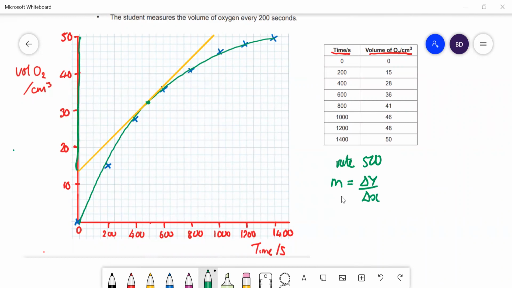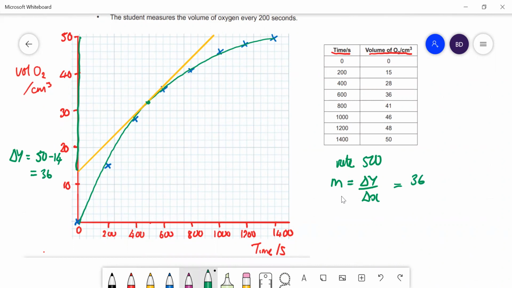So that's going to be 50 minus 14, that is 36 centimeters cubed.